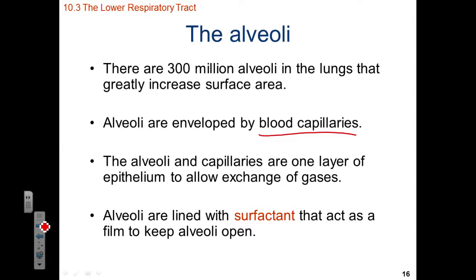Alveoli are also going to have a special chemical that lines them. This chemical is known as a surfactant. Generally speaking, you can think of a surfactant as biologic soap, or just soap in general. It's a molecule that has a hydrophobic region and a hydrophilic region. And surfactant will form a film around the alveoli that reduces the amount of surface tension that will close the alveoli.